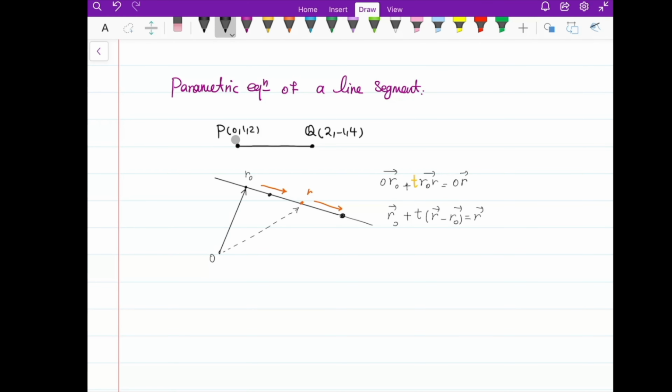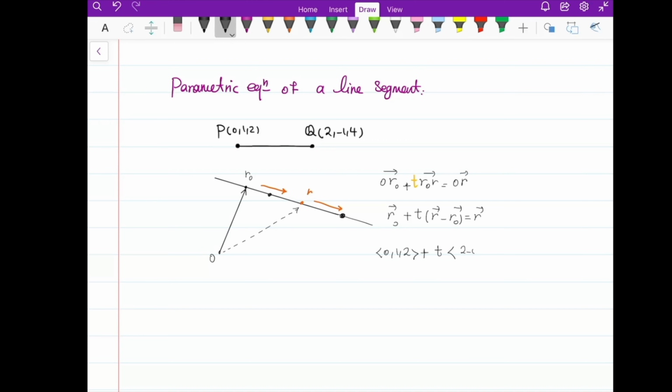So now look at this line segment here. I'm going to start at the point R0. Then I get 0, 1, 2, and then plus the parameter t. Then I have R minus R0, which would be this minus that, Q minus P, okay?